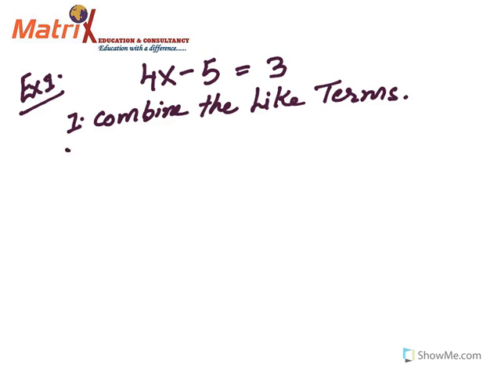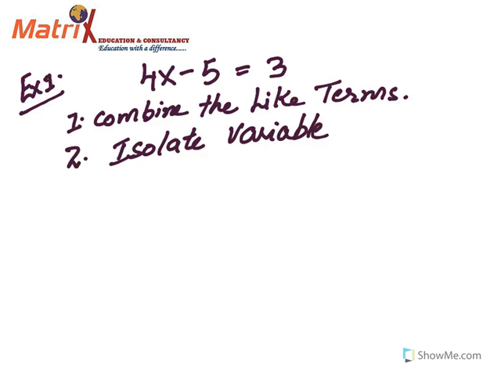The second step is to isolate the variable. So basically, solving any equation needs these two steps: combine the like terms and isolate the variable.